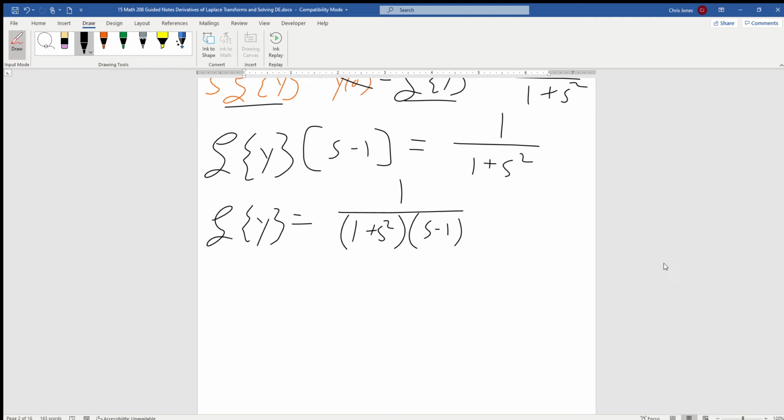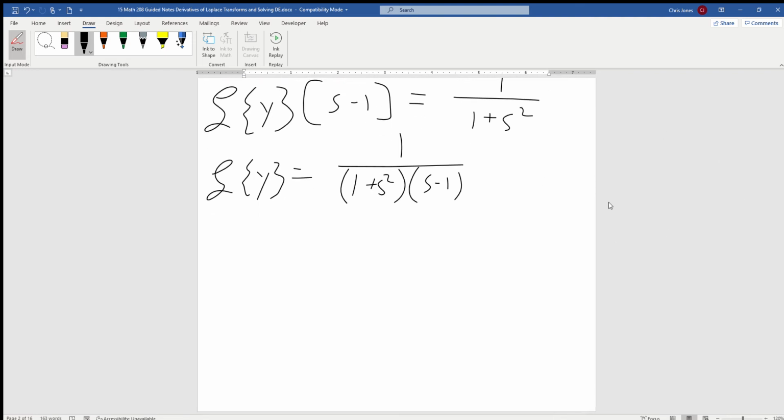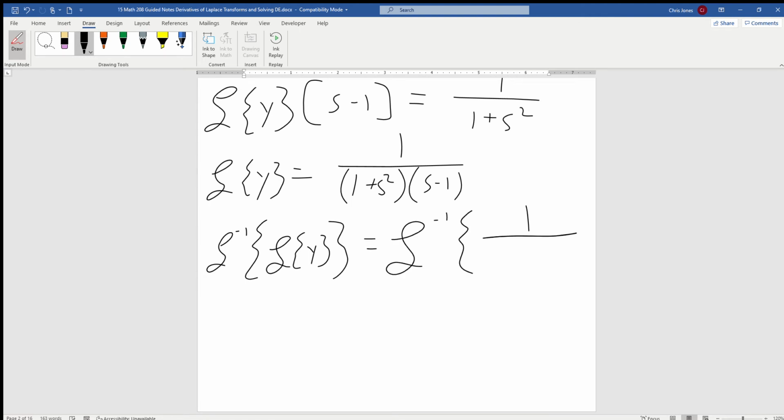Again, it's going to get a little bit ugly. So we now have the inverse Laplace of the Laplace is equal to the inverse Laplace of 1 over 1 plus s squared times s minus 1.